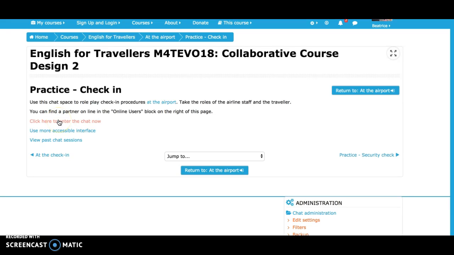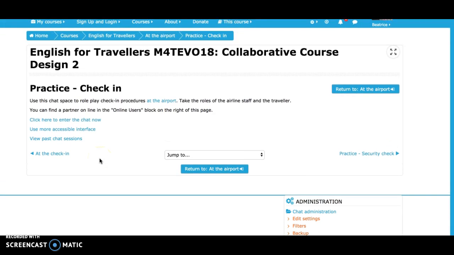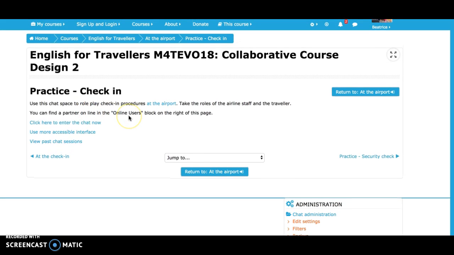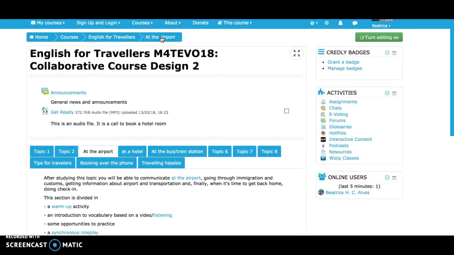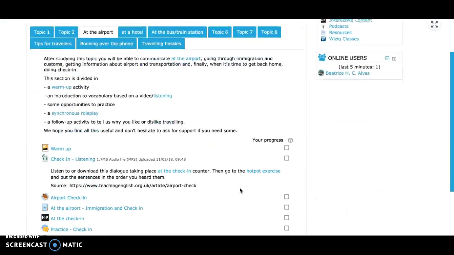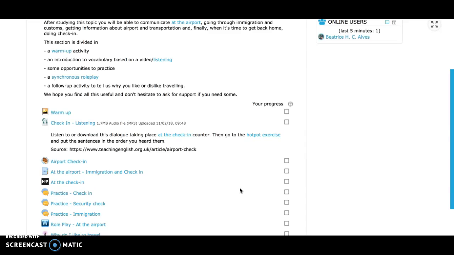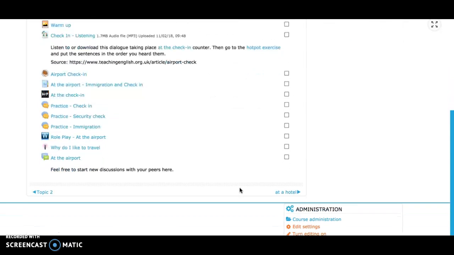Then they will have an opportunity to practice with a partner. For the partner, they're supposed to find one on the block where you have the online users. They can find a partner and work synchronously in their chats.